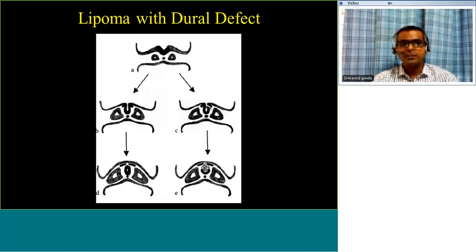So early disjunction of the epidermal tissue from the primitive neuroectoderm will give rise to the formation of the lipomatous tissue because of the entry of the mesenchymal tissue into the neural tube before its formation. So that is the basic embryological understanding that we should have.